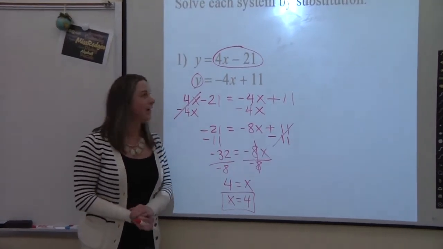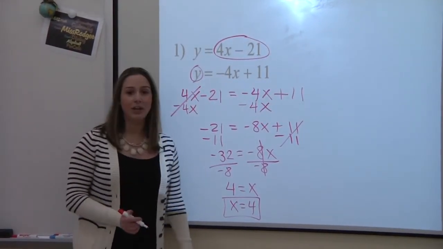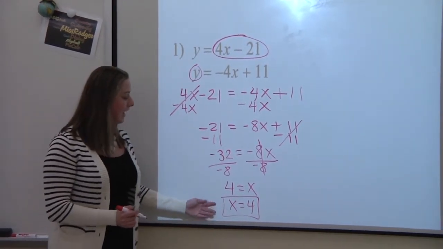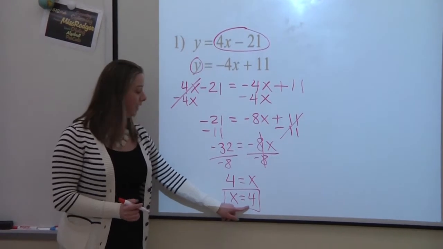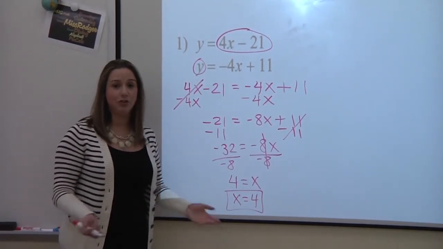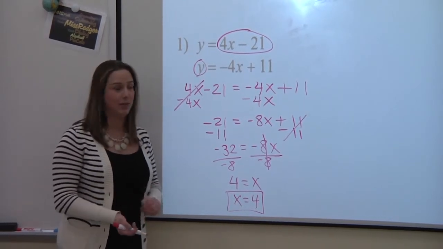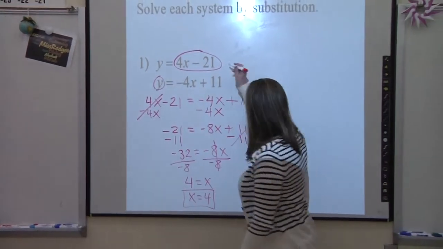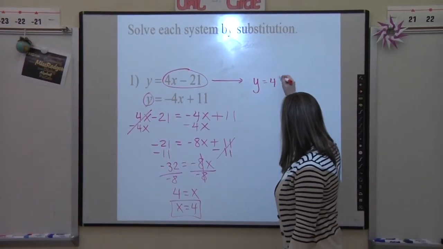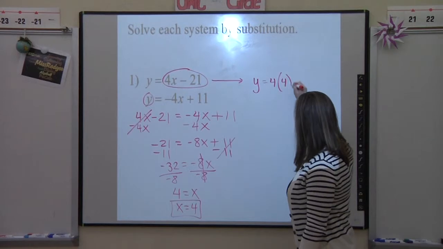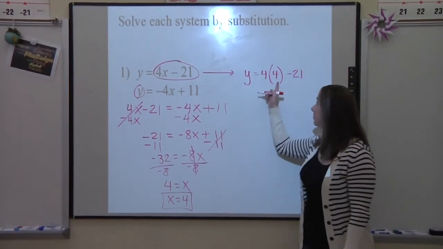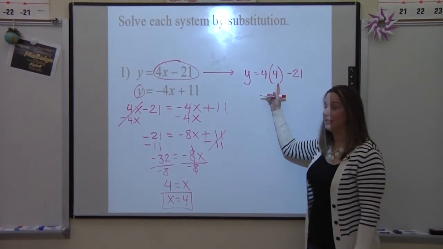We're not done. We've only solved for x. If we take a look at both of our equations, we need to solve for both x and y. The process now is going to be to substitute x equals 4 into one of our two original equations. It's your choice which equation you choose to substitute it into. So I'm going to substitute it into this equation. Notice when I substituted 4 in, I inserted it with parentheses.